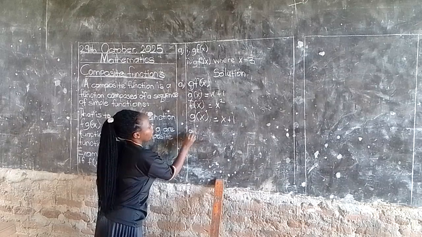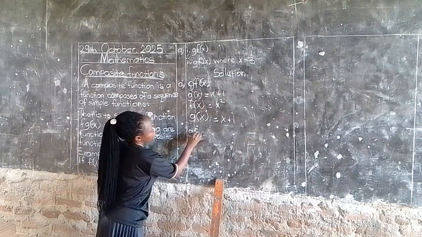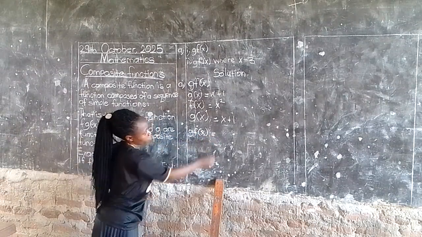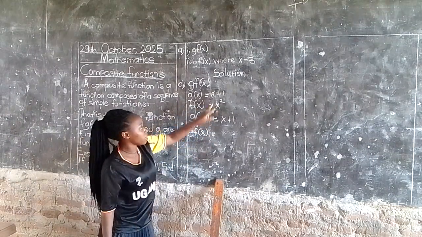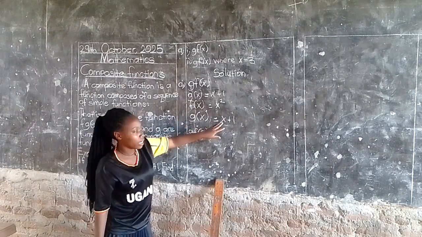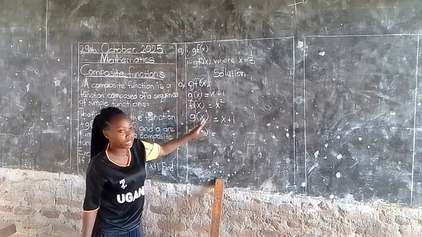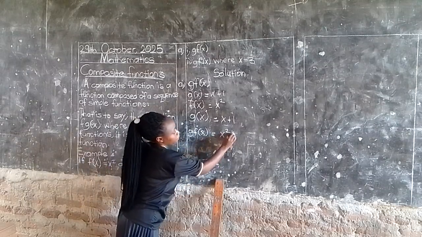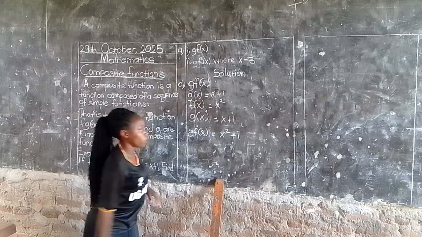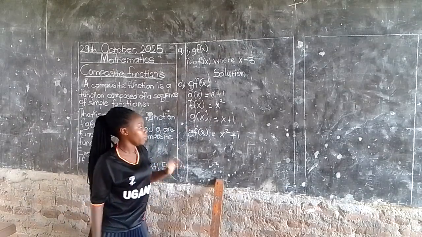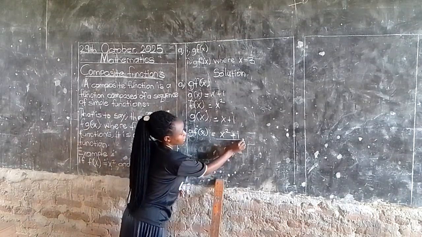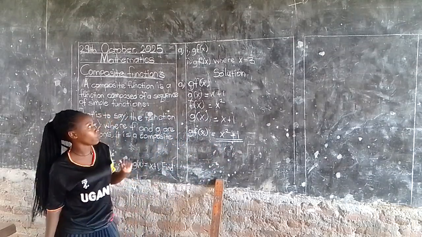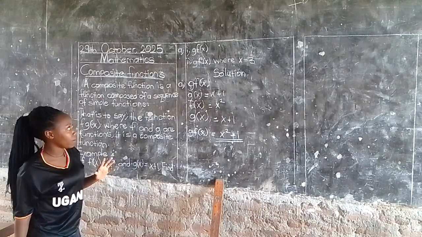So our g of f of x equals, we substitute this f of x where there is x in g of x. So we have x squared plus 1 as our answer. That is the g of f of x they were looking for.